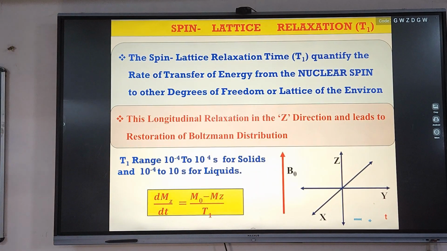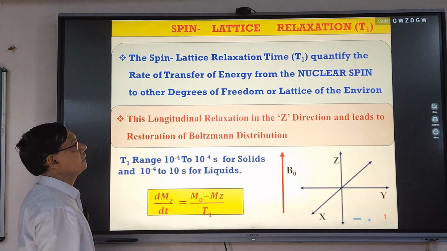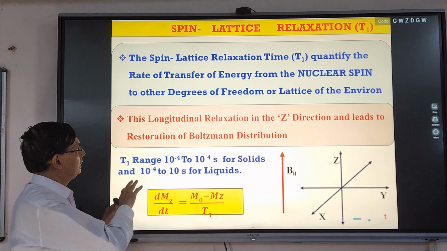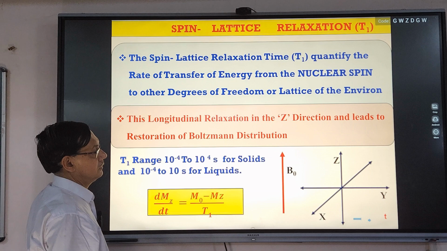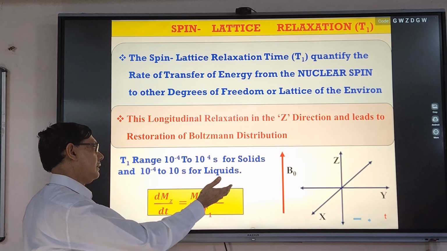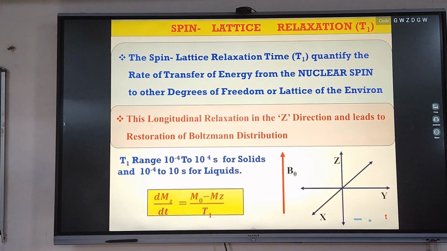So the spin lattice relaxation time quantifies the rate of transfer of energy from the higher energy level to the lower energy level, released to the other degrees of freedom. Maybe the excess energy can be transferred to the solvent also. Therefore it is called spin lattice relaxation.